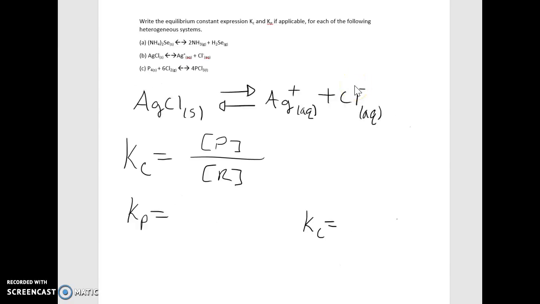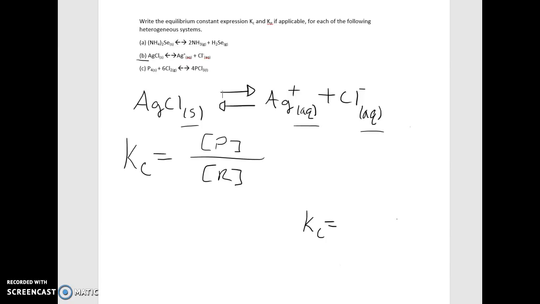Alright, now we're going to find the same equilibrium constant for the heterogeneous system B. However, as we can see, even before starting, none of our products or reactants are gases, so we're not going to include Kp here. We're not going to do the equilibrium constant in relationship to the pressure because that's only related to gases.